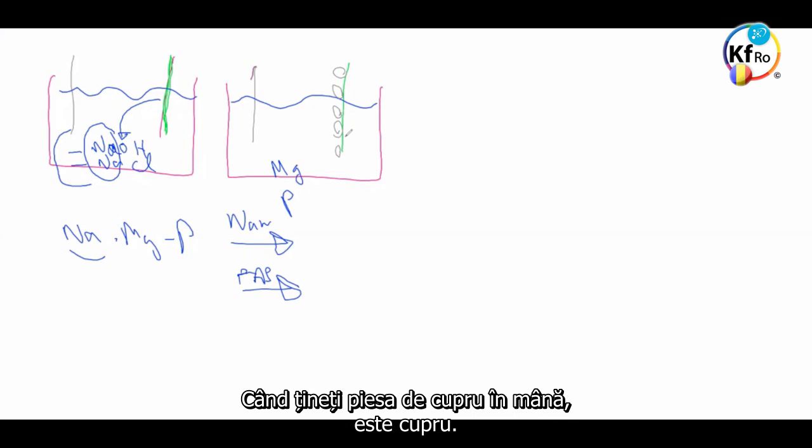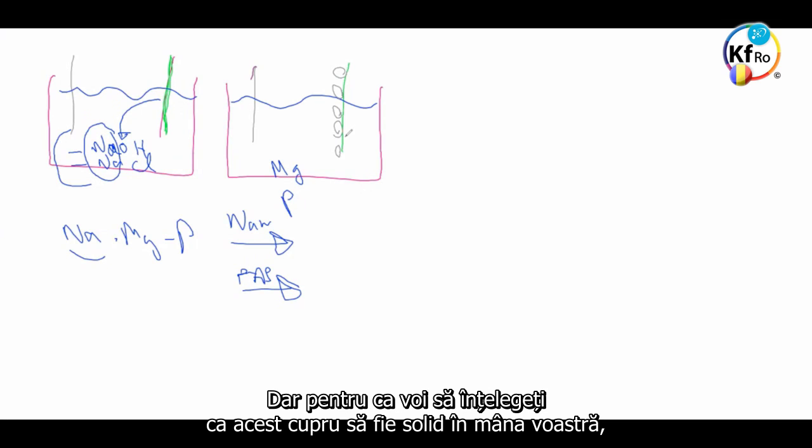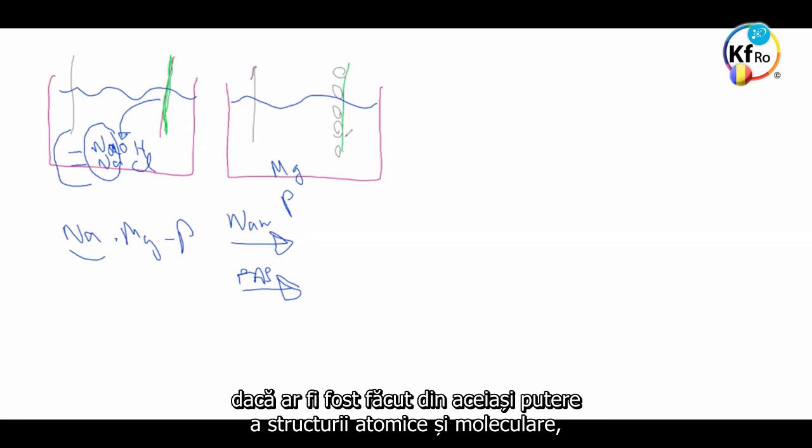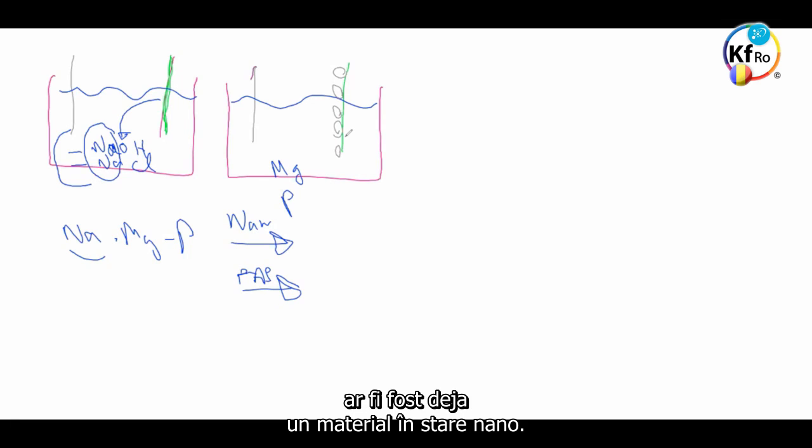When you hold a piece of copper in your hand, it is copper, but for you to understand that this copper, for it to be solid in your hand, if it was made of the same atomic molecular structure strength, it would have been already nanomaterial.